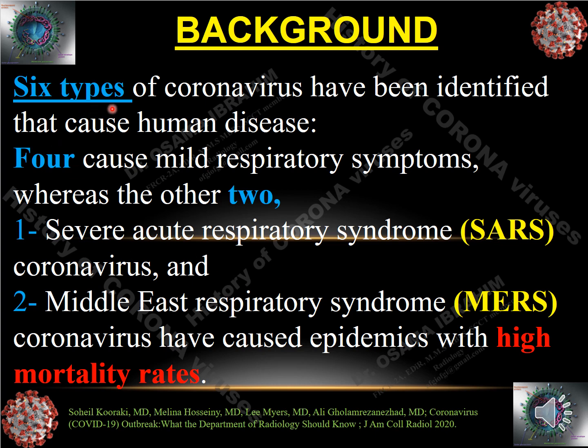We have 6 types of coronaviruses identified that cause human disease. 4 of these have mild respiratory symptoms, whereas the other two, SARS and MERS, have high mortality rates.